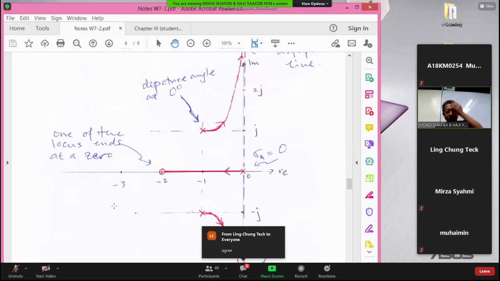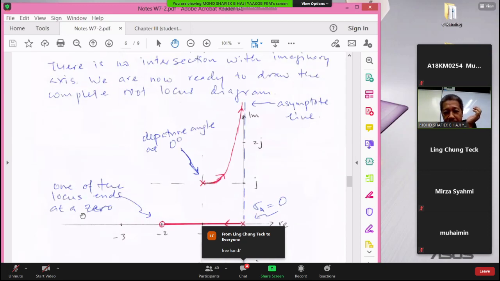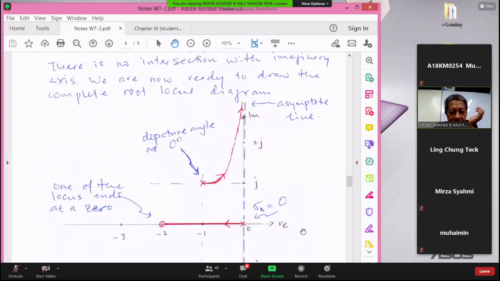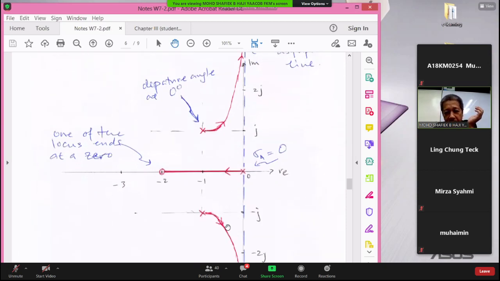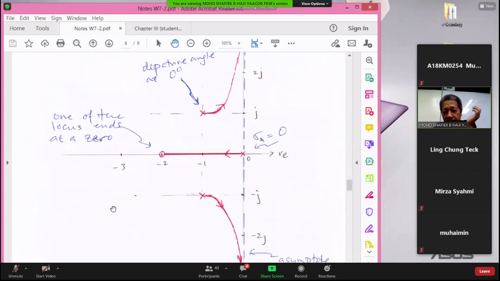Okay, do you have any question? Yeah, it is a freehand drawing, except for the axis, of course. I use a ruler for the axis and for the straight line, and the rest I use just my free hand. Do you have any question?